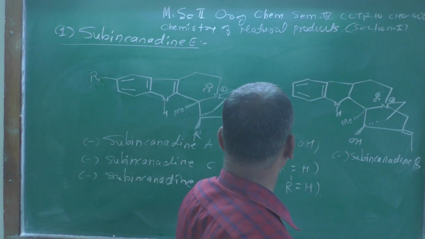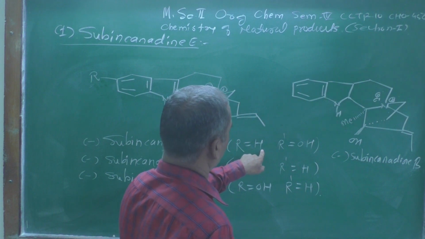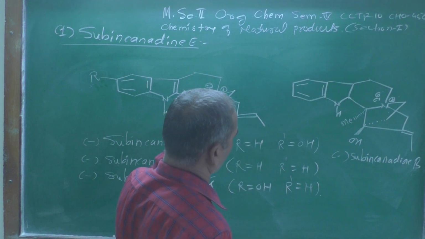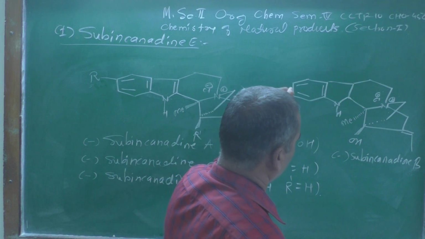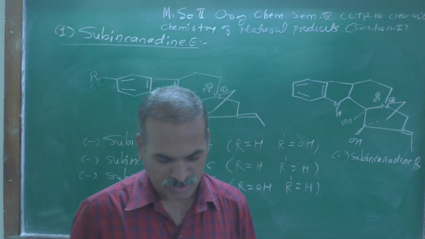In Subincanadine A the methyl group is above the plane, but in Subincanadine B the methyl group is below the plane.